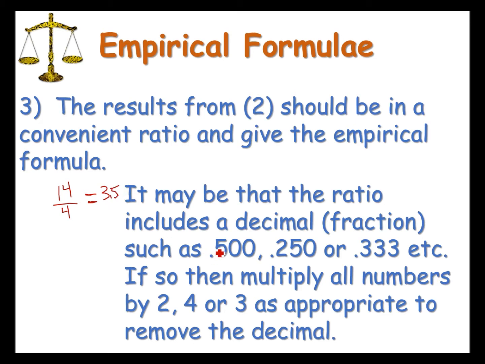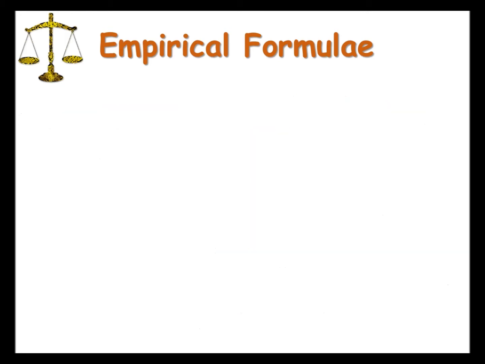But a 0.5, that one's relatively easy to fix by just multiplying by 2. This will then become a 7. So, if we were given 3.5 oxygens and 5 hydrogens together, we would end up combining these and seeing that it's 7 oxygens with 10 hydrogens. Okay, so we'll get some more into that in a little bit.